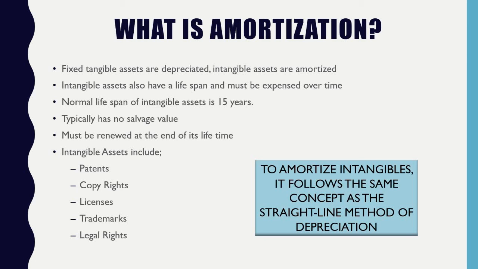Once it's reached its end of its life, your only option is that you must renew your license. So you must purchase another protective layer on it, another legal right to it, in order for you to have value to it. But at the end of the day, once it reaches the end of its life, it expires and you have to renew it. So that is the reason why it doesn't hold any value, because it expires.